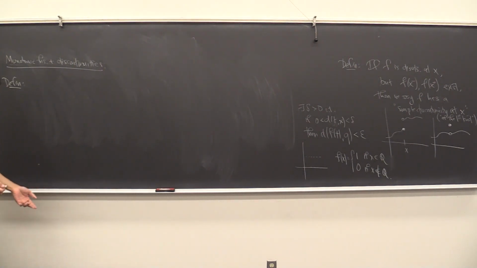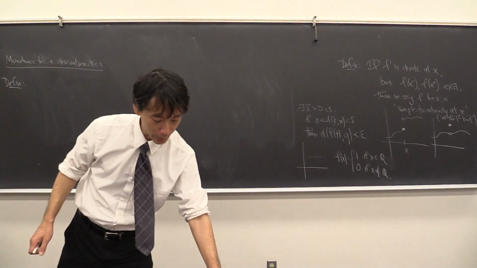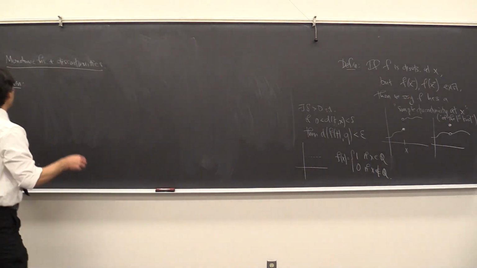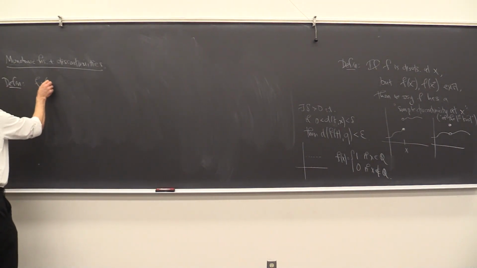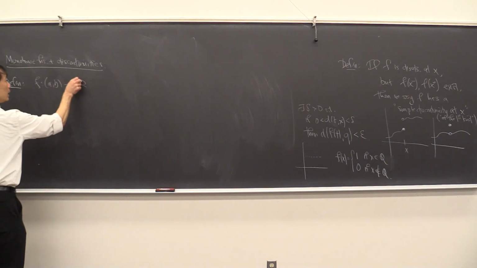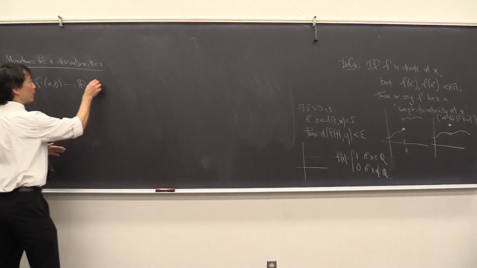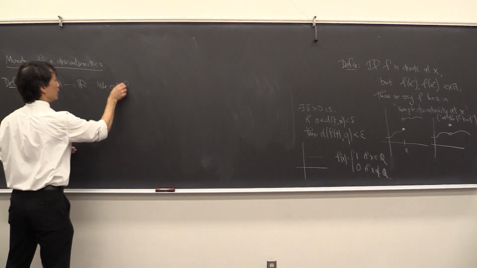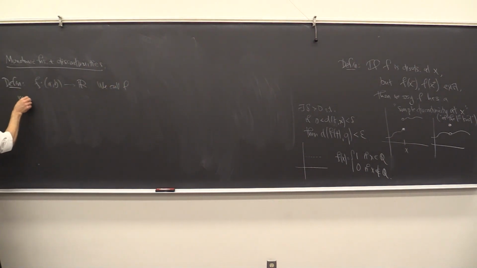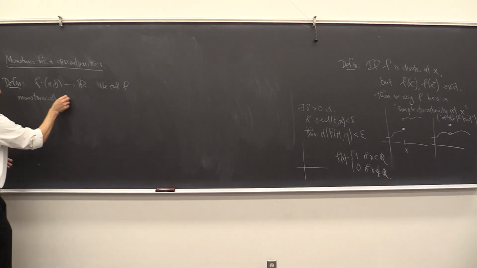Monotonically decreasing functions, of course, would have similar results. So you have some function like this. We call f monotonically increasing if something happens.